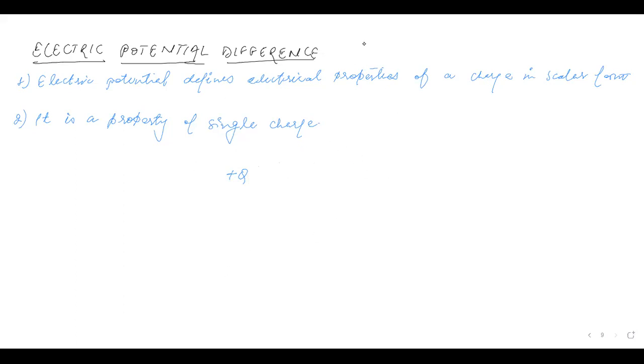We are taking two different points in the field of this charge, point A and point B. We assign the potential at point A as VA and the potential at point B as VB.